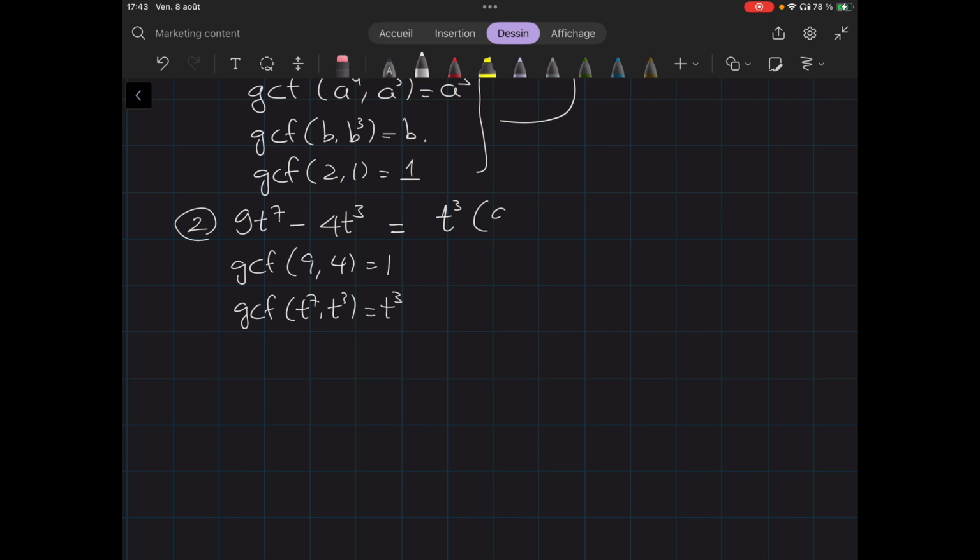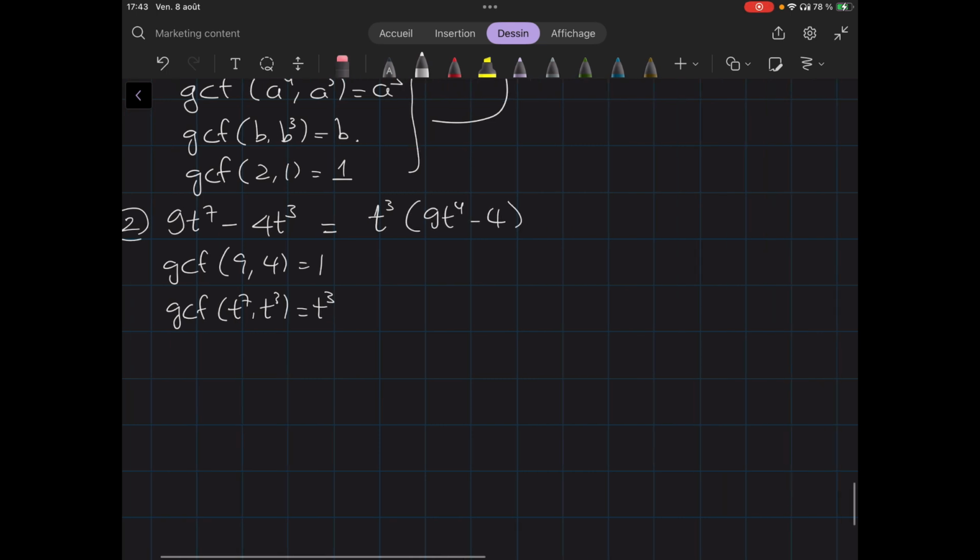What's left is 9t to the 4 minus 4. Now we have a difference of squares. So we're going to get 3t squared minus 2 times 3t squared plus 2. You can choose to factorize this term further. That's totally up to you, but it's optional. The reason is simply because it's not as pretty, so I prefer to keep it like this.